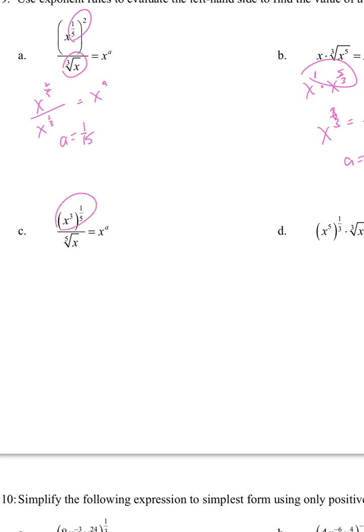All right, this is x to the 3/5. This down below is x to the 1/5. And then because you are dividing bases that are the same, you subtract the exponents. So 3/5 minus 1/5 is 2/5. A is 2/5.